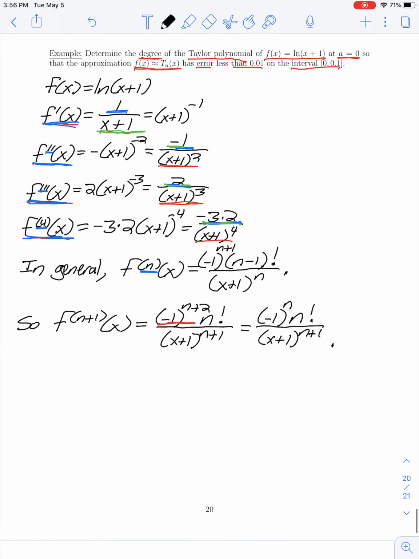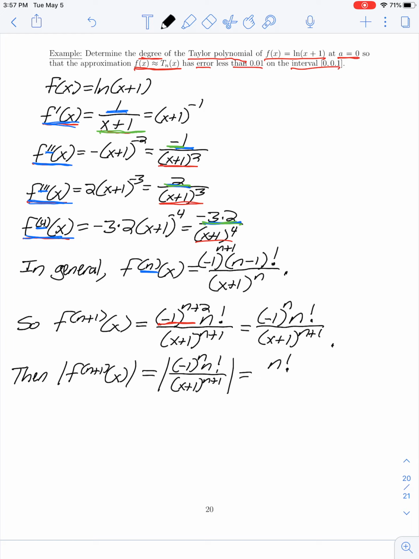So now that we have our n plus first derivative, we can try to find the value of m. If we consider the absolute value of this n plus 1 derivative, then we have the absolute value of -1 to the n times n factorial over x plus 1 to the n plus 1 power. Or, this is the same as positive n factorial over the absolute value of x plus 1 to the n plus 1 power.